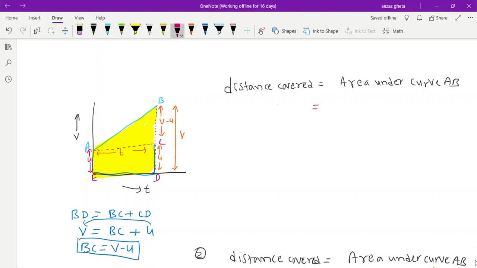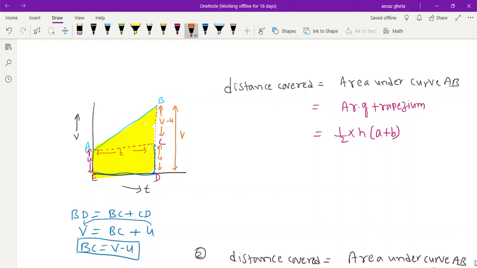For the area under curve AB, we will take the area of a trapezium. You should know the formula for the area of a trapezium: half into h into the sum of parallel sides.